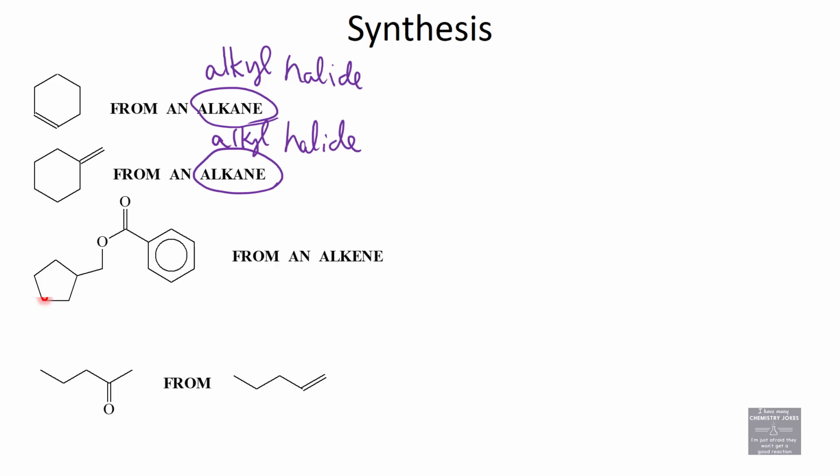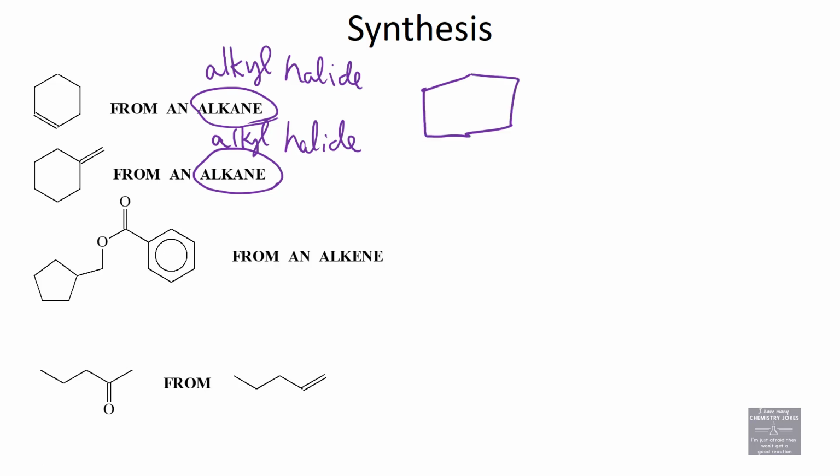All right, so in this top one, I'm trying to make what functional group? An alkene. An alkene is going to require an elimination reaction. The good news is, with my adjustment right here, I do know how to make an alkene from an alkyl halide. It's going to be an elimination. But is it going to be E1 or E2?